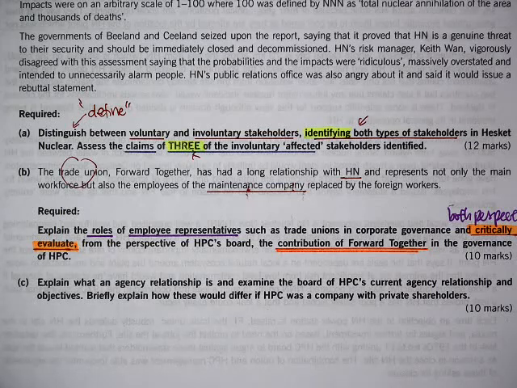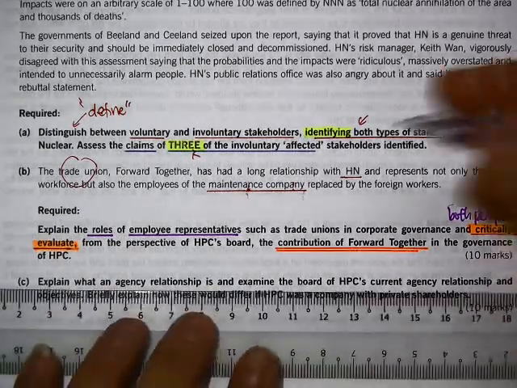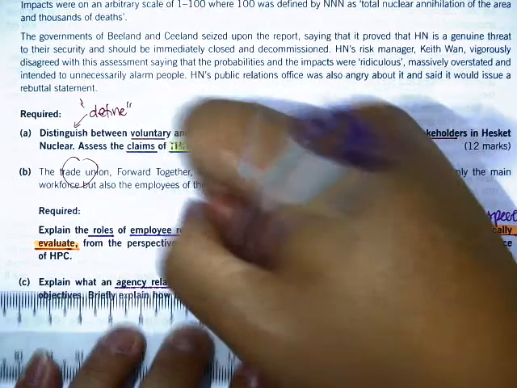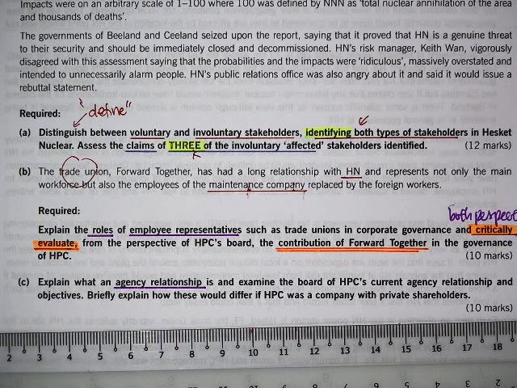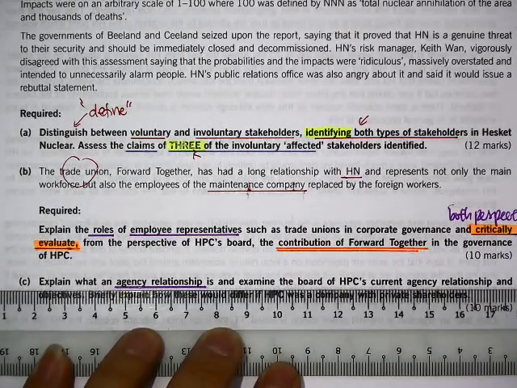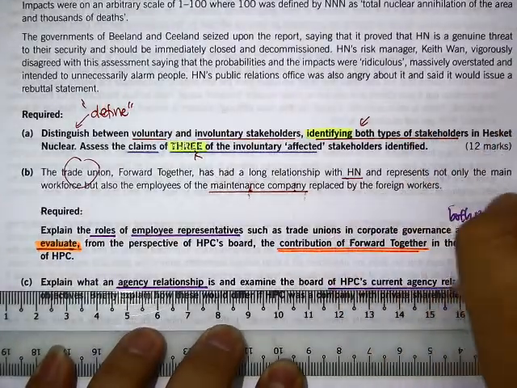See? It's exactly the same already. That's the requirement. Explain the role of employee representatives, such as trade union. It's the same thing. Follow or not? That's why you look at the syllabus, you actually know what is coming out. Just that they don't come out with all of it, they come out with part of it. Now, the role of trade union in corporate governance, and then critically evaluate.